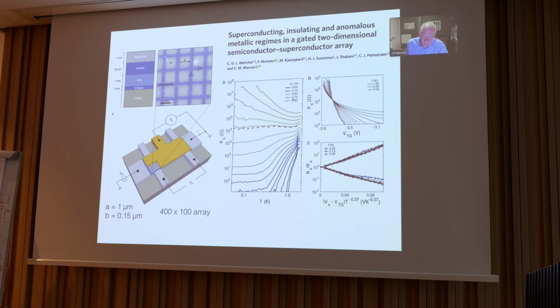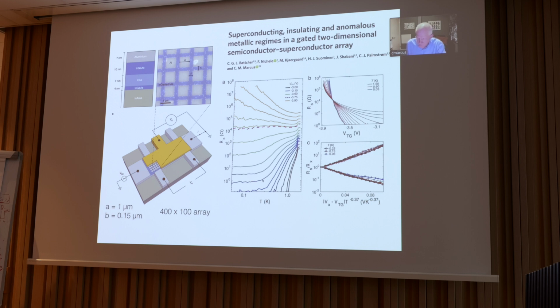And so here, from -3 volts, you can see the superconductor, at -3.9 volts it's already an insulator. By insulator, I mean the resistivity in ohms per square is rising as the temperature goes down. And there's a separatrix. But below the separatrix is not a superconducting phase, but a phase that has this saturation.